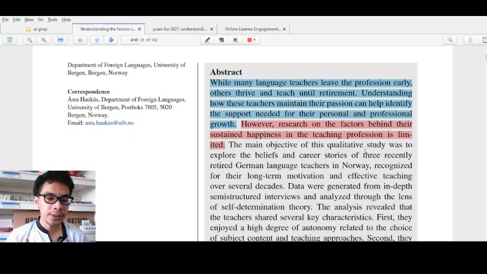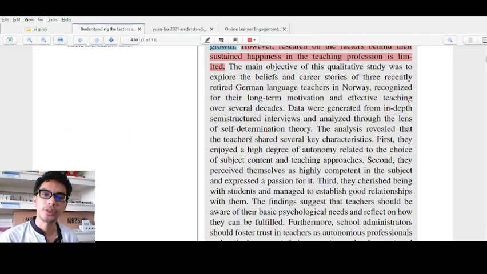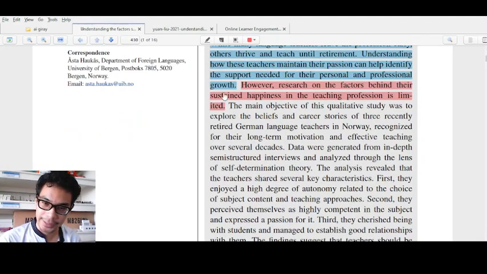What was the gap in the literature? What was the thing that people did not see or did not solve? That's where you put the gap.